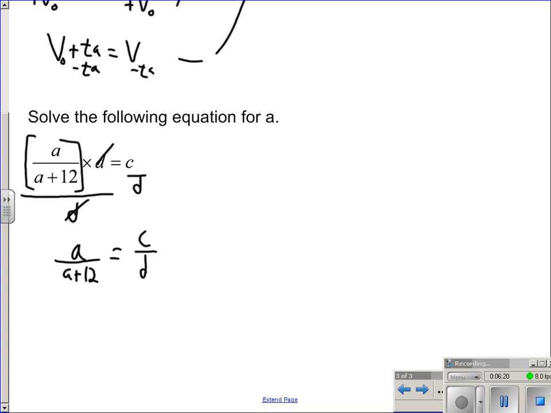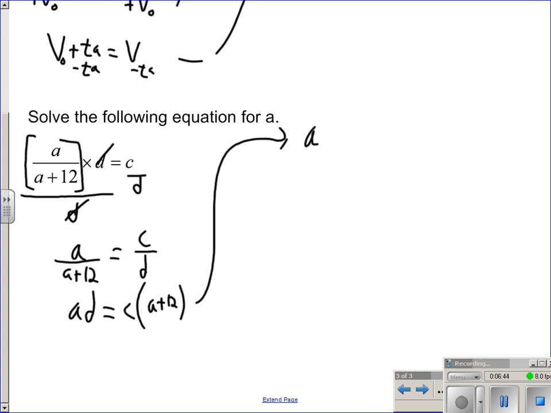So now we've got a fraction equal to a fraction. I'm going to cross multiply. So we've got a times d equals c times (a plus 12). Okay. I'm going to do the distributive property on the right side.